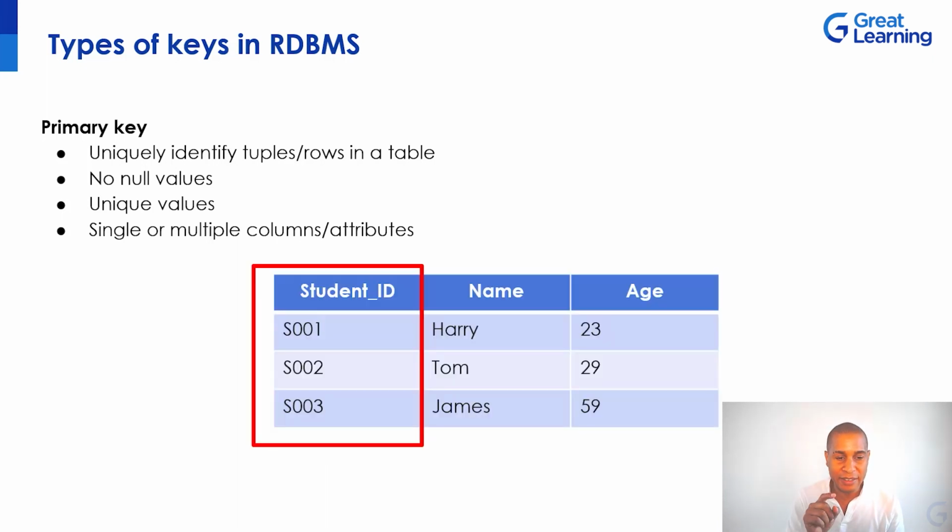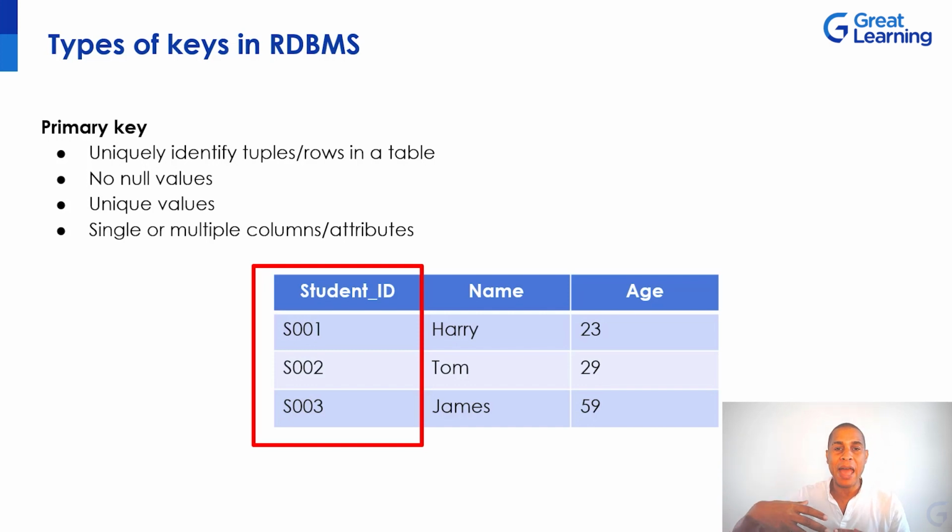So looking at the table that you see below, you can see there is a student ID, and the student ID is unique because we have S001, S002, and S003. And each one of those has a name connected to it, which is Harry, Tom, and James. And they also have an age attached to it.